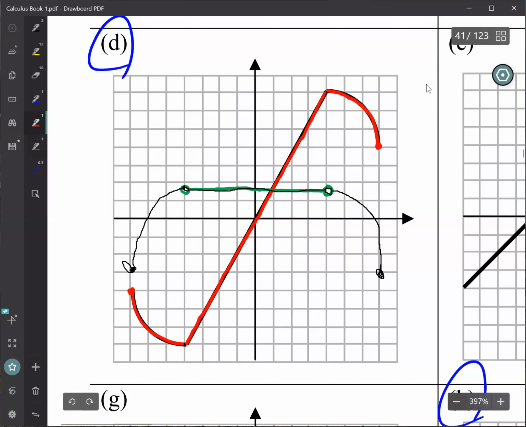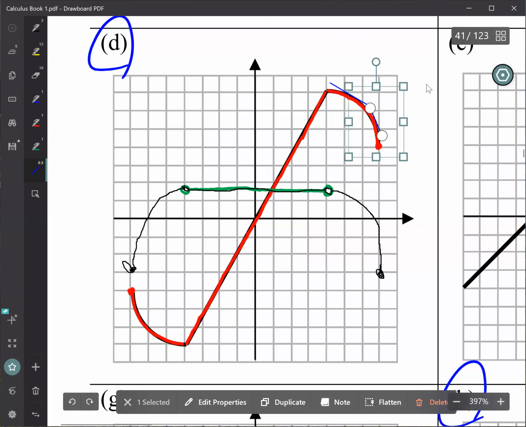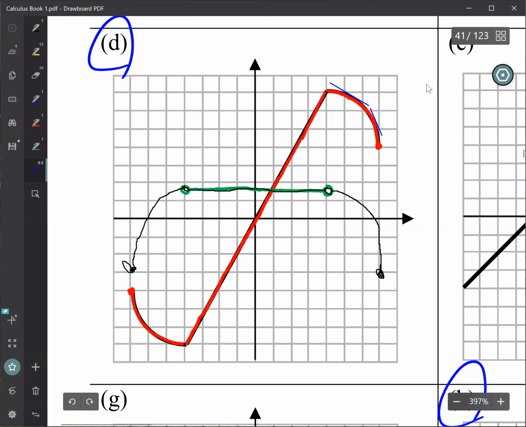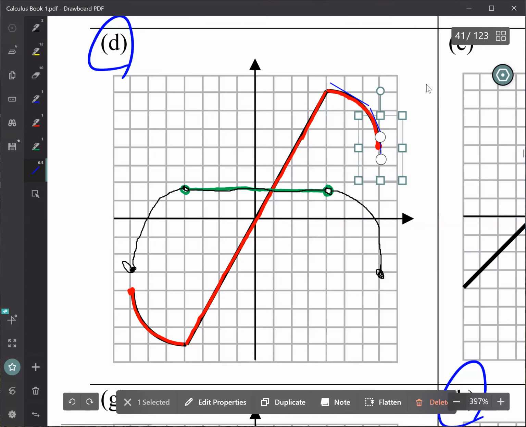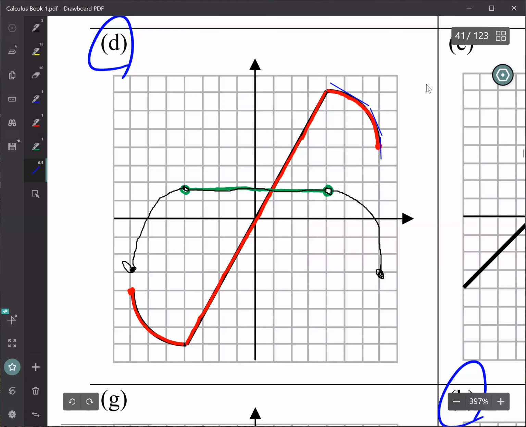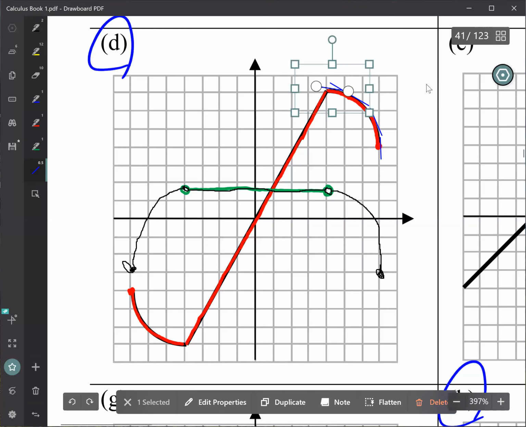I'm going to draw blue lines. For example, I draw a line here. That's a slope, that's a tangent. If I draw another tangent, and another tangent, all the little thin blue lines are tangents.